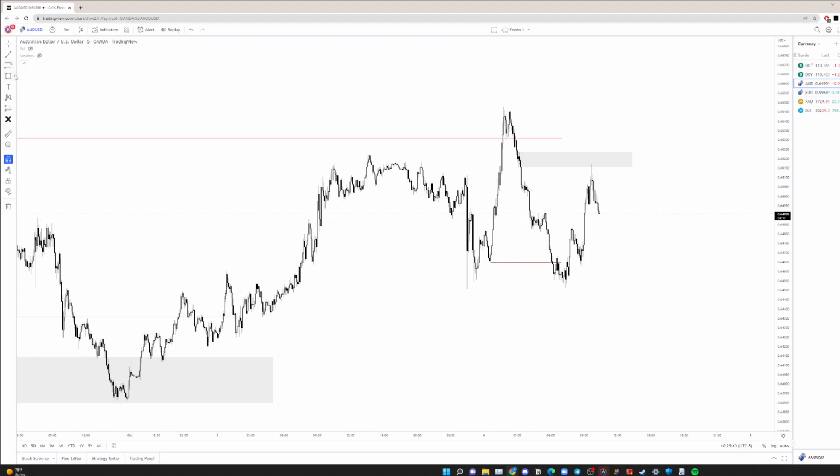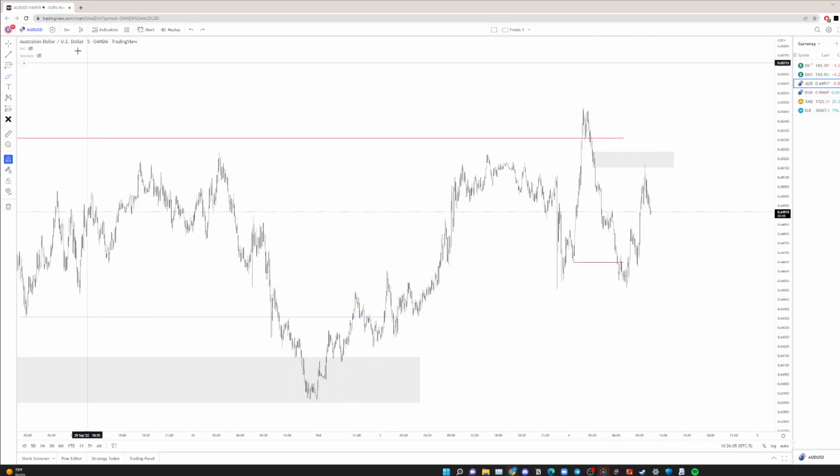So in my opinion, right now, I am still favoring that bearish bias. I don't necessarily see why this could come here and then come higher, unless we obviously see something like this, aka a bullish transition.